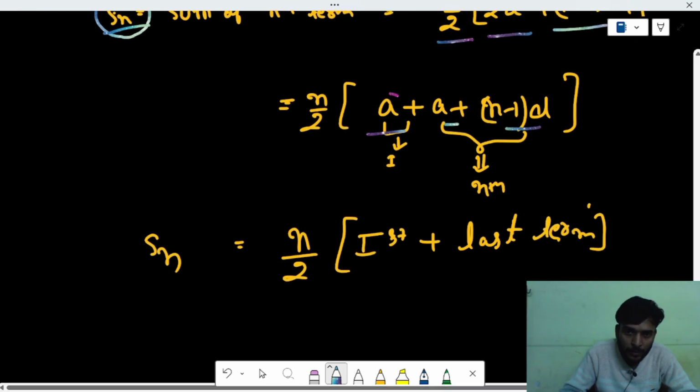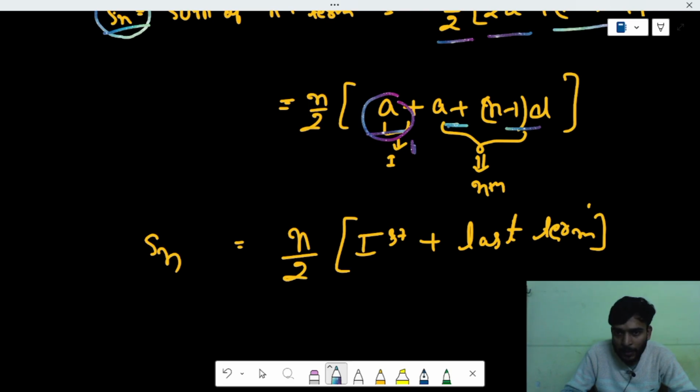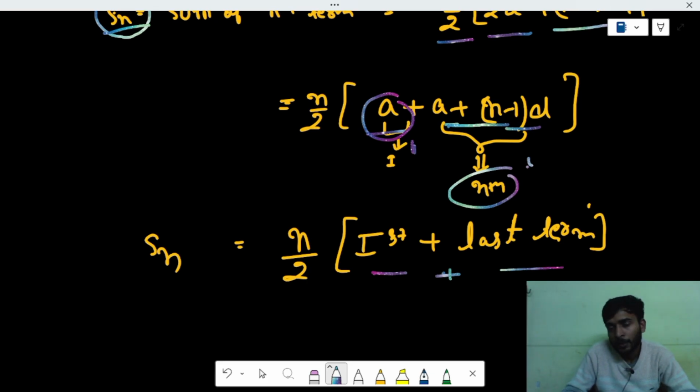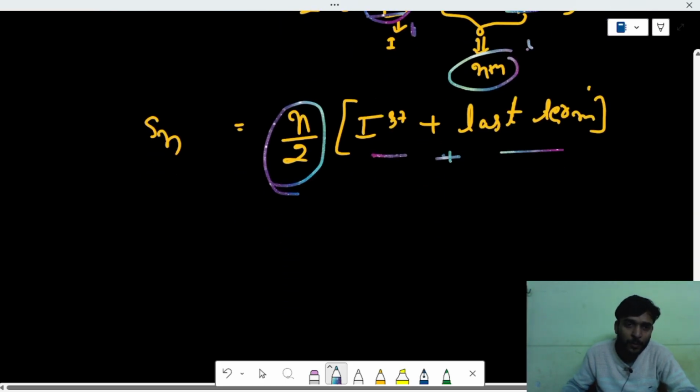We know that a is the first term and a plus (n minus 1) into d is the nth term, which is the last term. So we can also write it as first term plus last term, multiplied by half of the total number of terms. This is the formula of Sn.